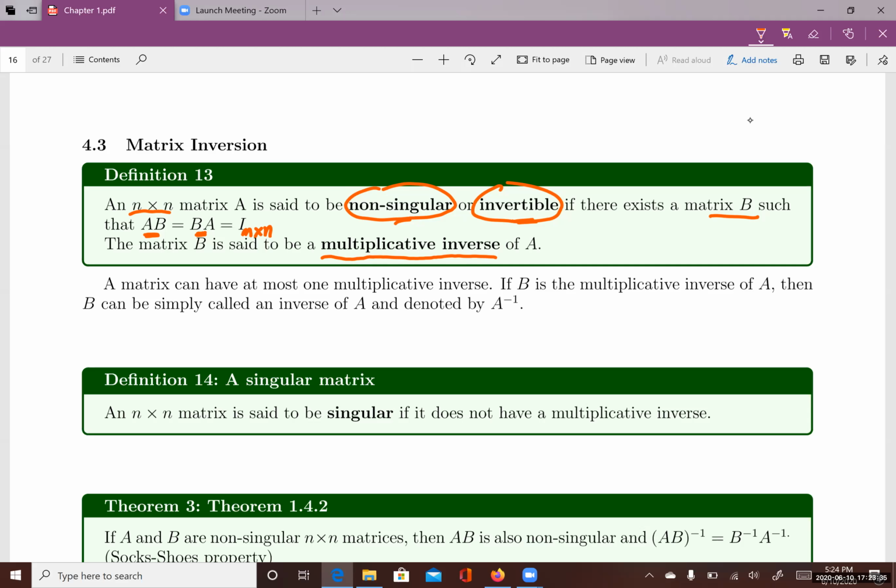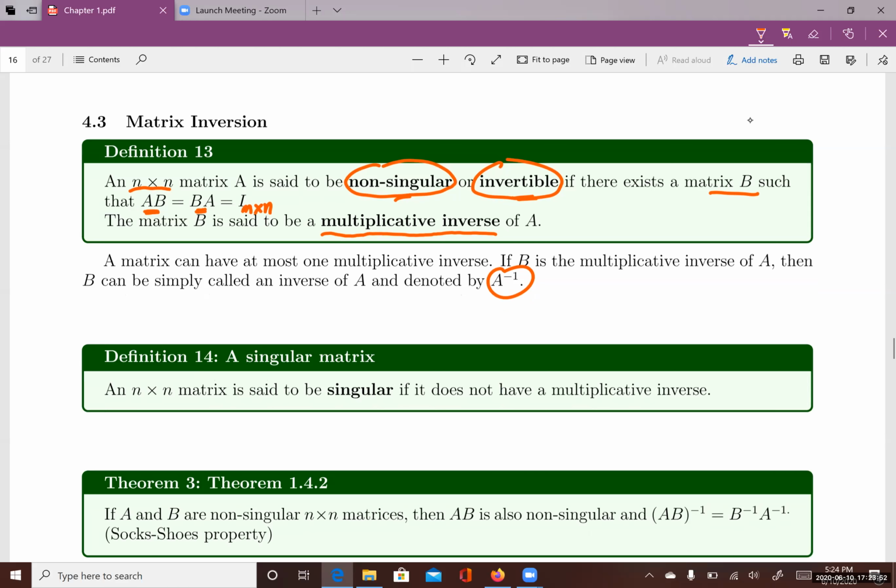If a square matrix A has an inverse matrix, then that inverse will be unique. Sometimes you call the inverse matrix of A, A to the -1. Now that you know what a non-singular matrix is, a singular matrix is a square matrix that does not have a multiplicative inverse.